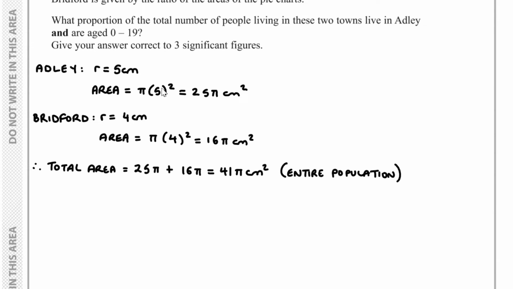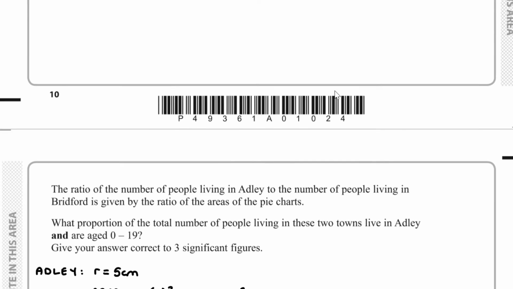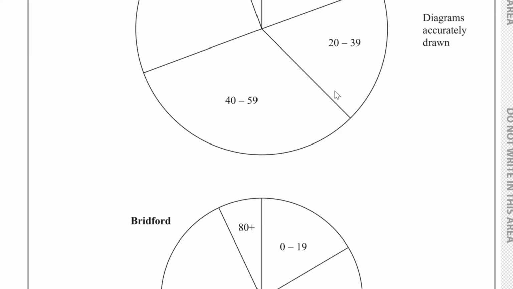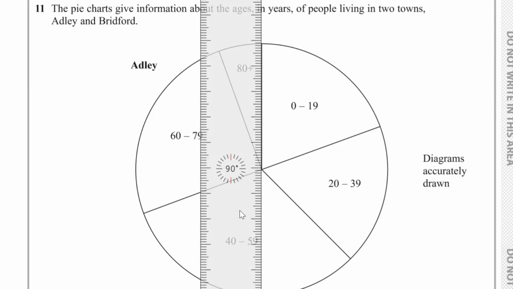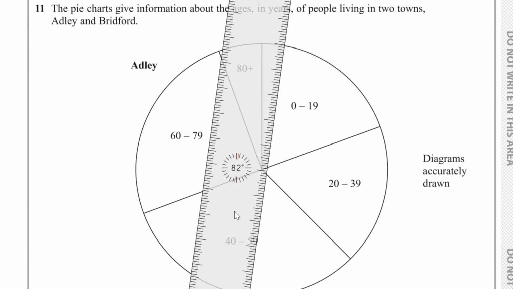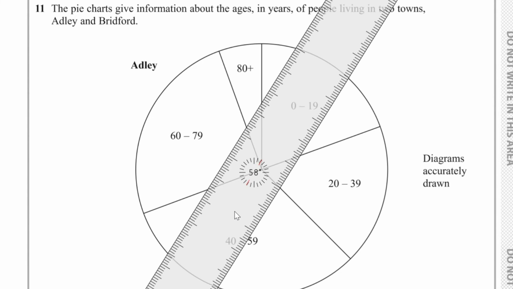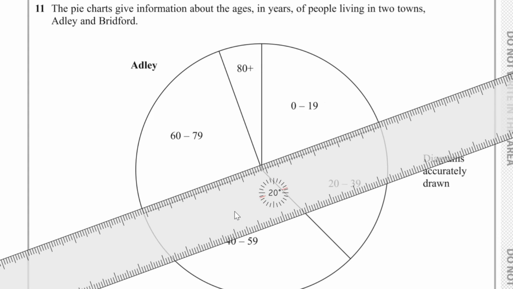Now, we need to find the proportion of those who live in Atley and who are aged 0 to 19. Well, if we look at Atley 0 to 19, we can find out the angle over here. Let's just find the angle here.